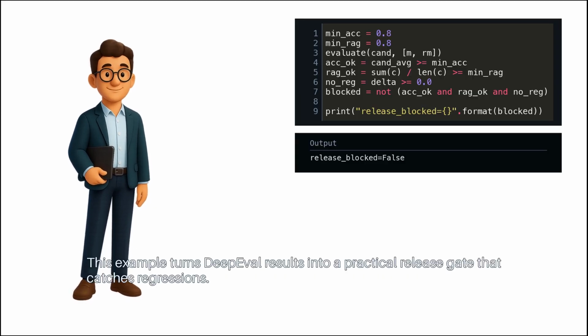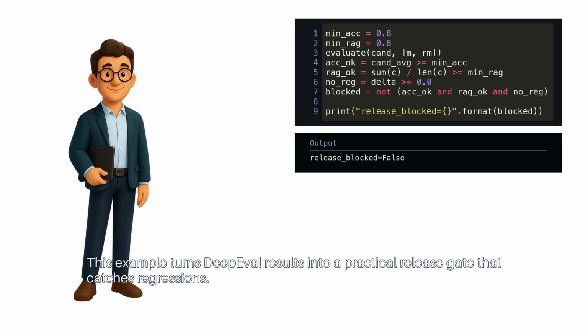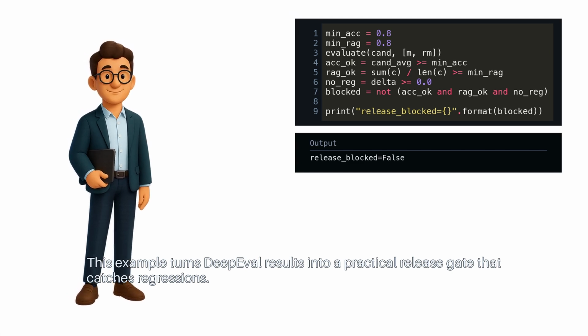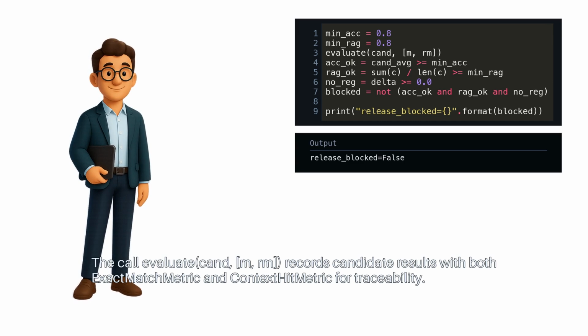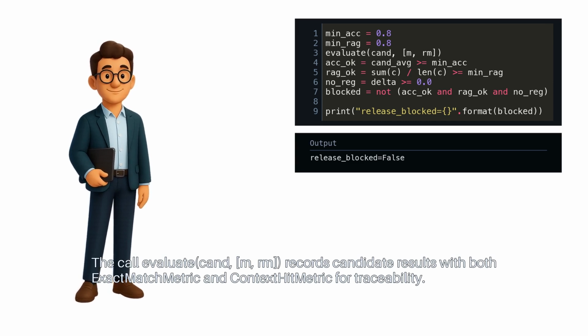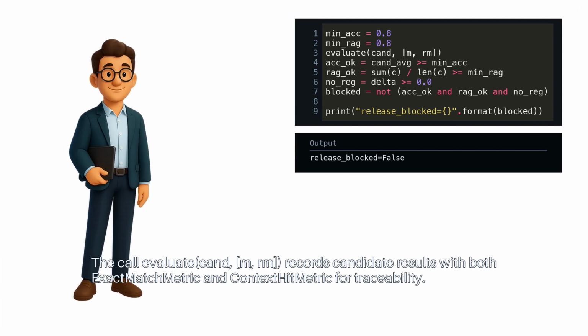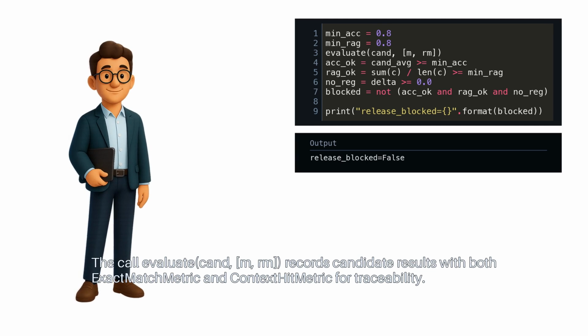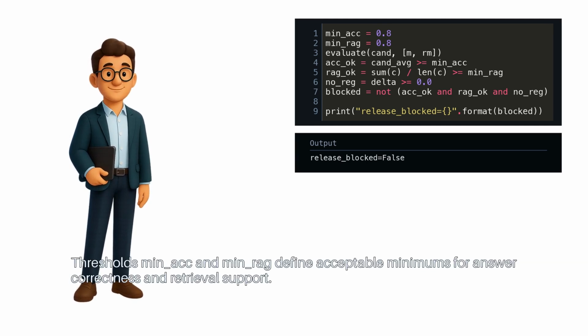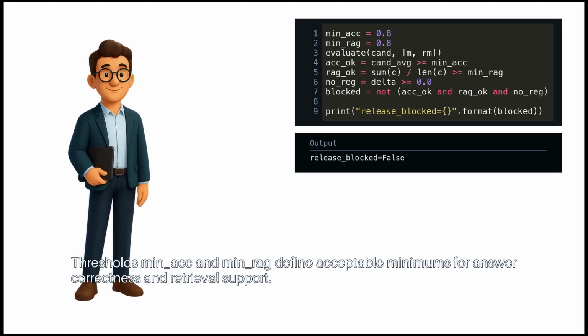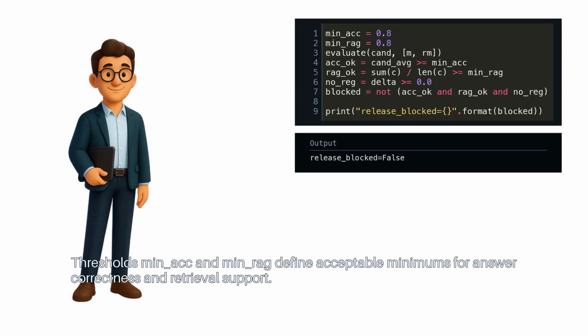This example turns DeepEval results into a practical release gate that catches regressions. The call evaluate(cand, [m, rm]) records candidate results with both ExactMatchMetric and ContextHitMetric for traceability. Thresholds MIN_AC and MIN_RAG define acceptable minimums for answer correctness and retrieval support.